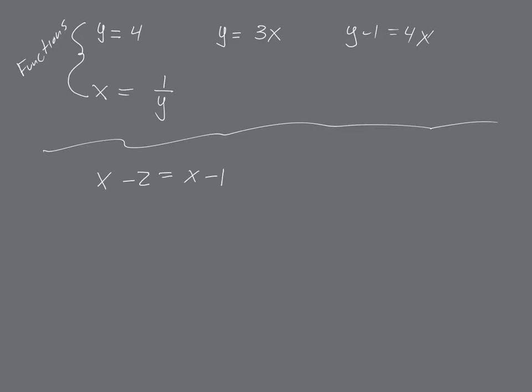If I give you something like this, it's not going to be a function. Okay, we're not going to get into too many details, but I want to just explain why. If you remember how to isolate variables, I'm actually going to subtract x from both sides. And now you get negative 2 is equal to negative 1. Since negative 2 is not equal to negative 1, this does not work, so it's not a function.